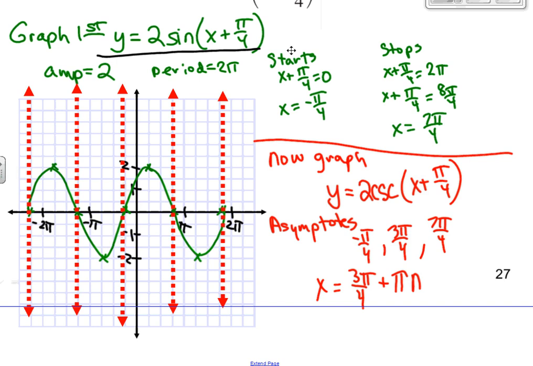I'll put this solution in blue. And again, I'm not going to do a lot more work because we just went through that other one. Here, I'm going to have those relative maximums and minimums, and then I just draw little bowls in between those two asymptotes every time.